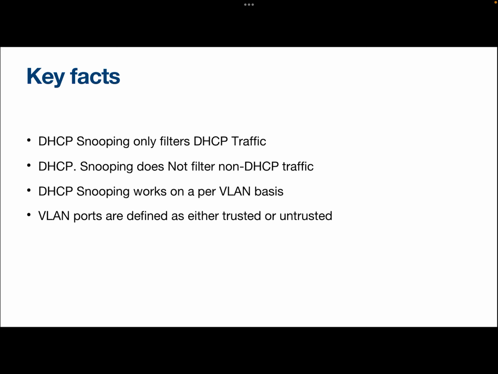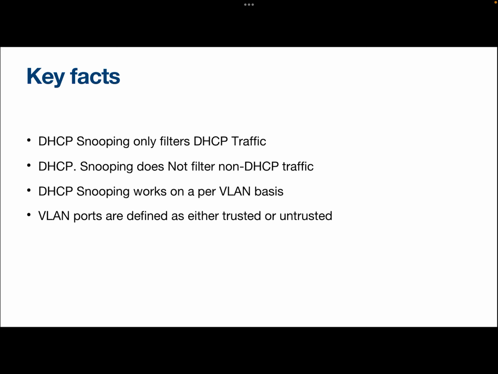Trusted ports are normally connected to networking devices like DHCP relay agents, switches that act as DHCP relay agents, default gateways, routers, and our legitimate DHCP servers. Normally they connect to trusted VLAN ports.